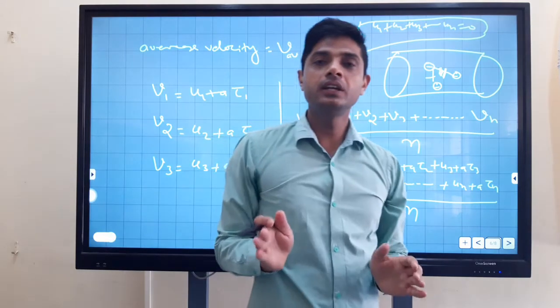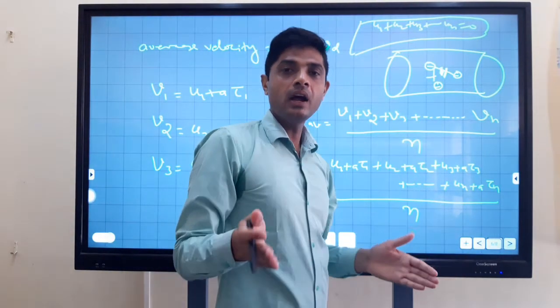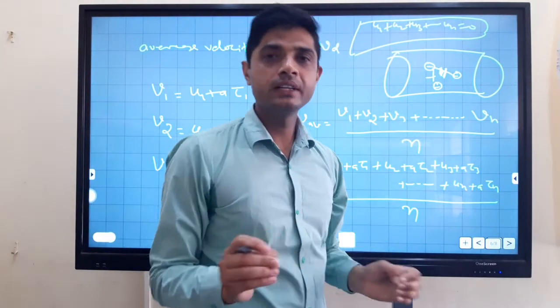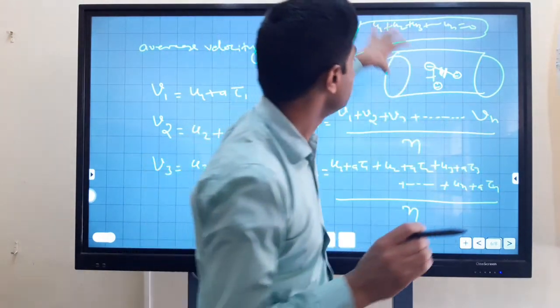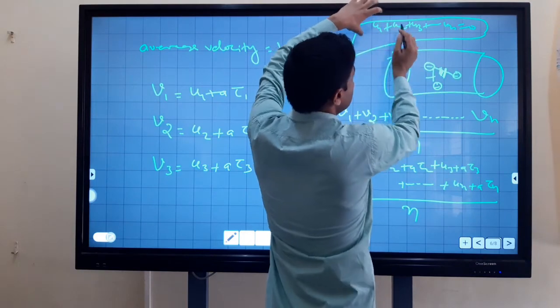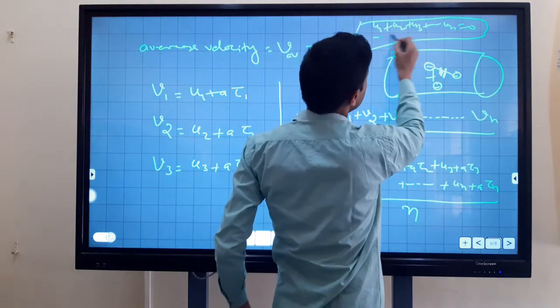Initially electrons move here and there in random motion, so the average velocity of electrons is 0 initially. The sum of initial velocities is 0.